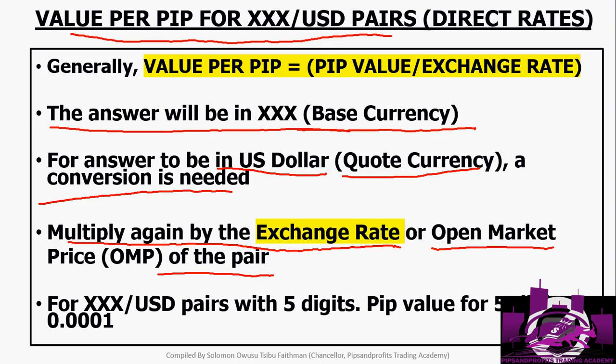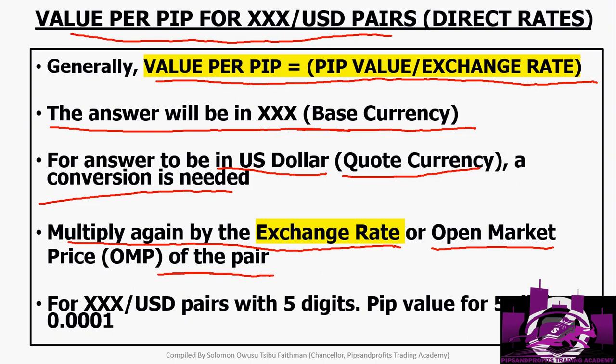So for example, a base currency paired with the US dollar. If we have that, then the value per pip generally is this. So you can write in your note, value per pip for direct rate pairs is equal to pip value over exchange rate.